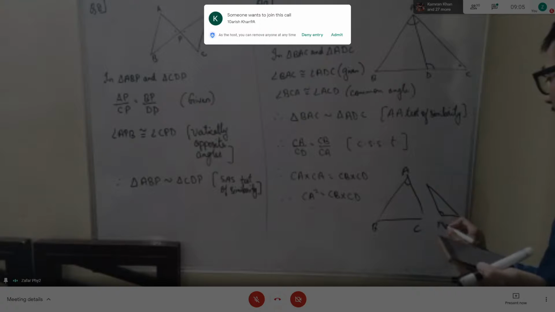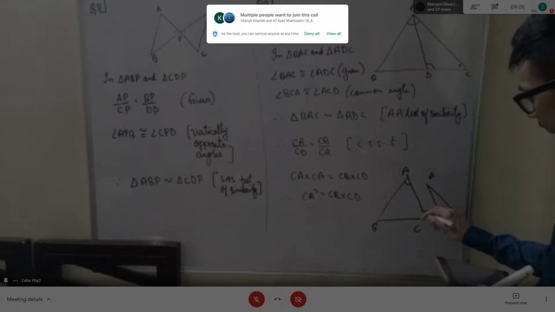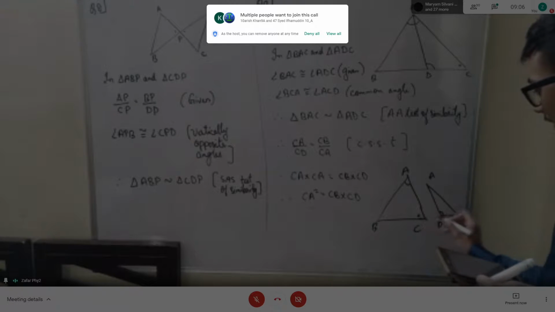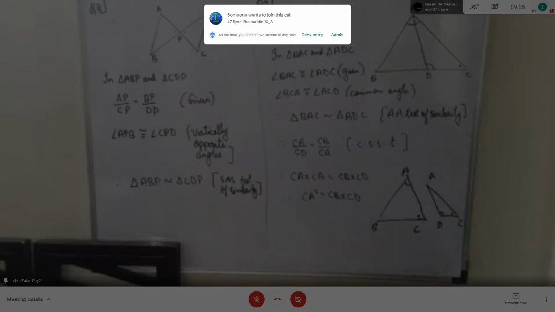So you will see here, this C is a common angle, and this angle is given to us that they are equal. Okay, that is the given condition.